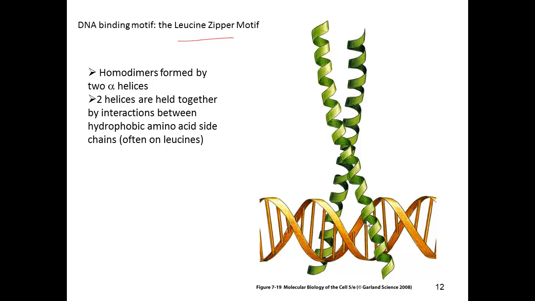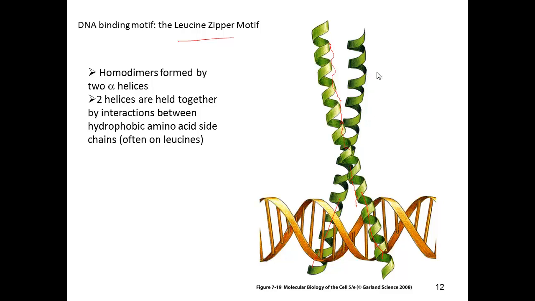And here the alpha helices will fit into two portions of the major groove, and these helices interact by hydrophobic faces. In this case, it's right here on the side. Now this would be rotating around to the back, and then it would be coming over to this side. Hydrophobic faces between these two residues.